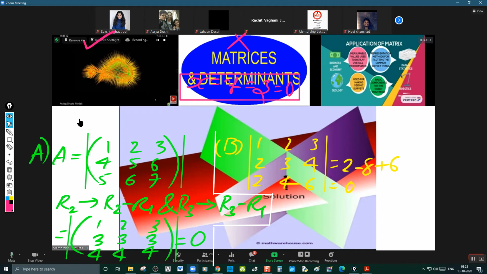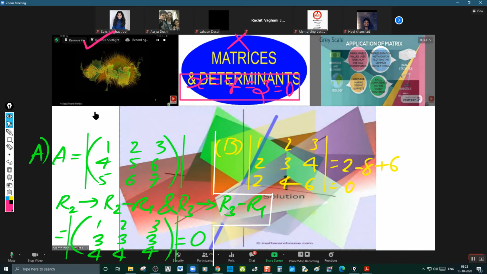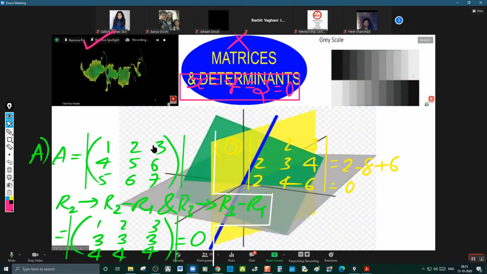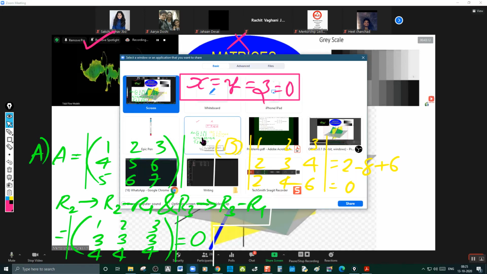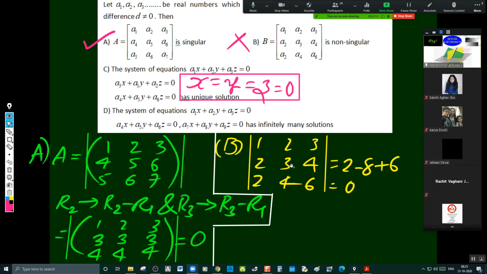So, to determine whether they have unique solution or many solutions, you have to find out the determinant of the coefficient matrix again. If the determinant of the coefficient matrix is 0, then we say that it has many solutions also.